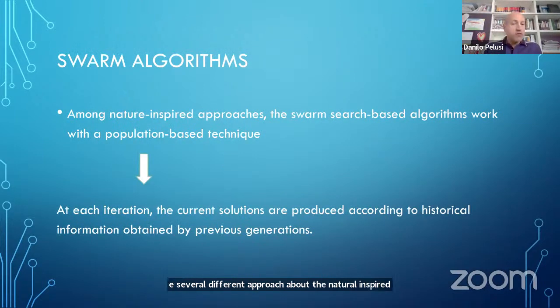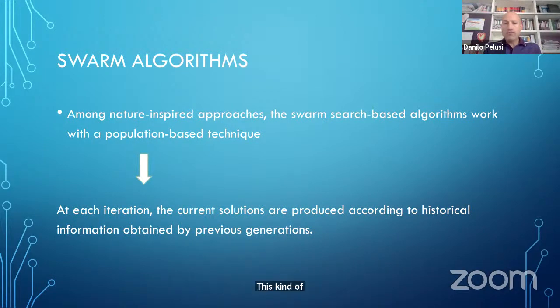Among these kinds of algorithms, the swarm search-based algorithms work with a population-based technique. In other terms, we have a population that evolves during time, and at each iteration, the current solutions are produced according to historical information obtained by previous generations.